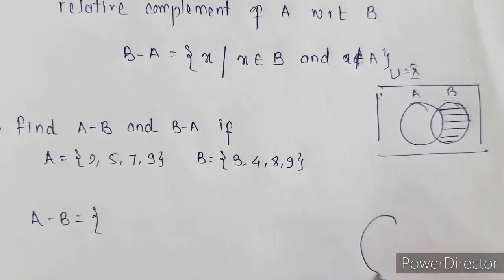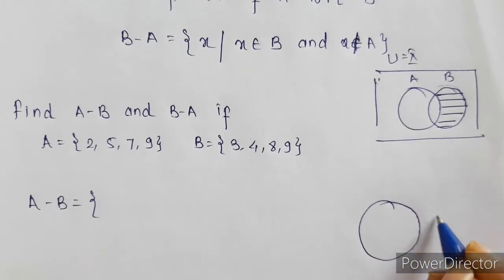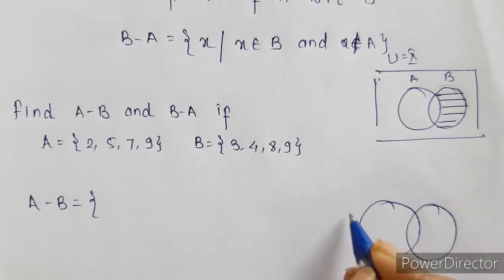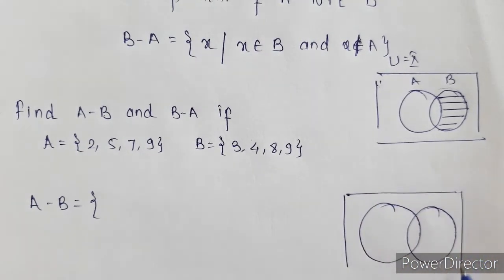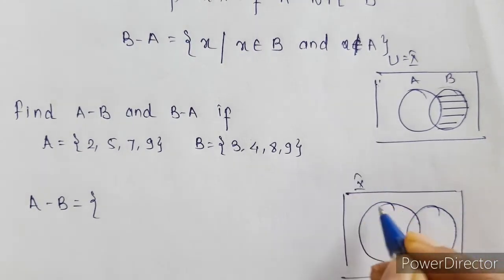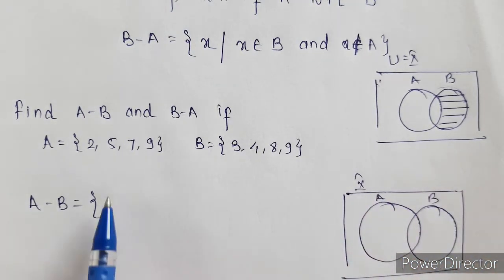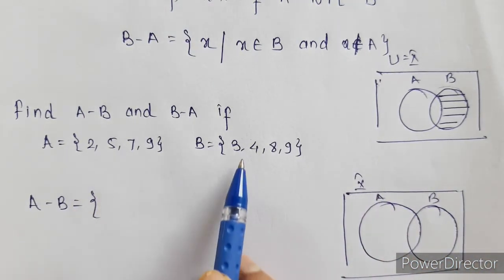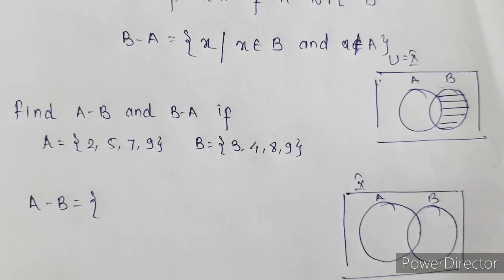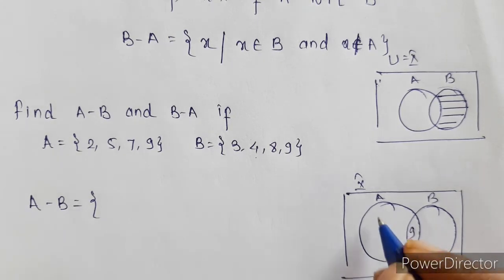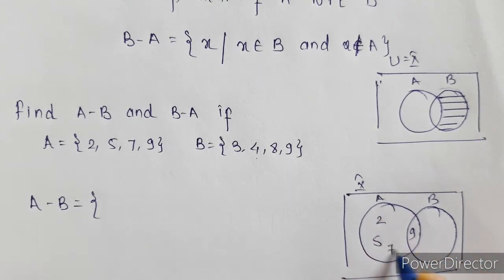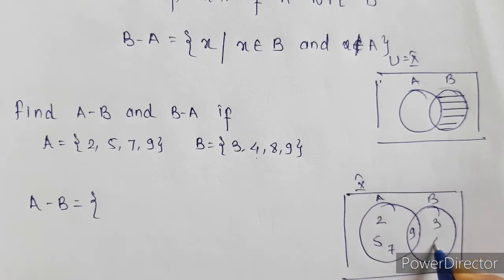This is set A and set B and the universal set. In set A we have 2, 5, 7, 9, here we have 3, 4, 8, 9. So, what is common is 9. Here we have 2, 5, 7 and 9. Here we have 3, 4, 8 and 9.